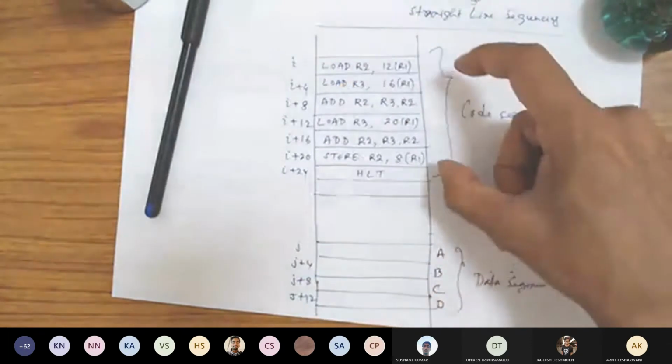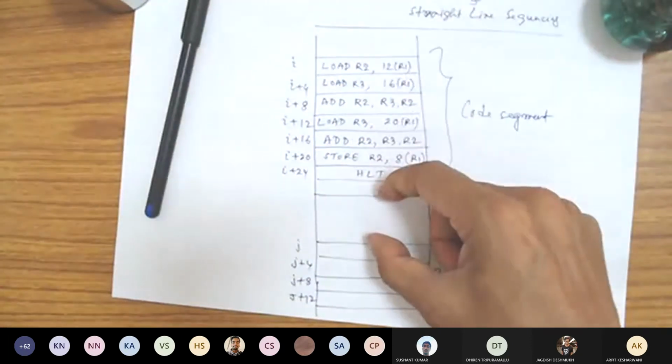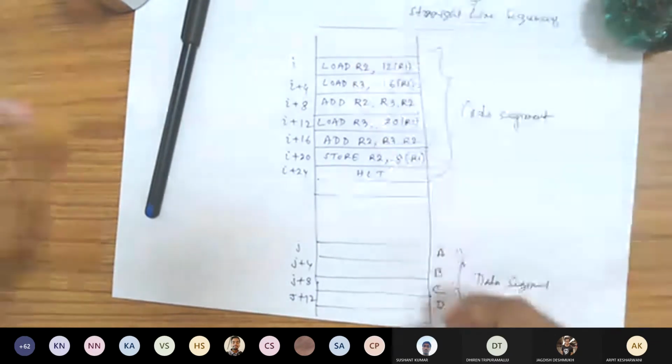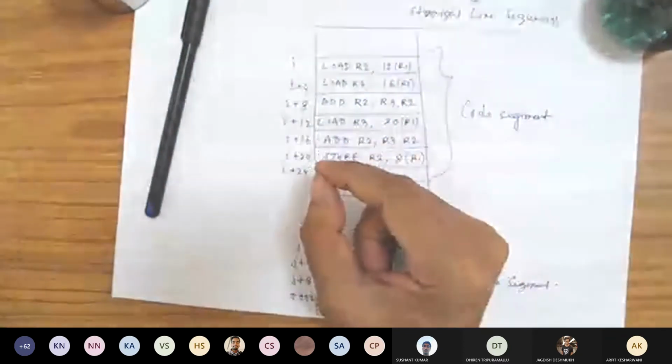I have only shown the code segment, data segment. There are other segments also. Heap. There will also be special locations to store operating system related information. That's called a process control block.